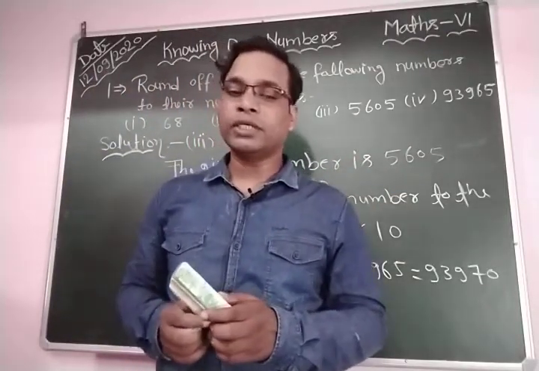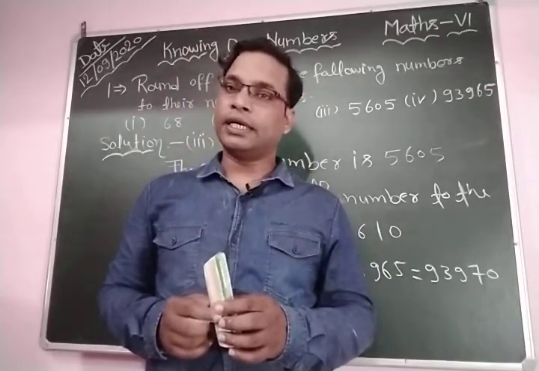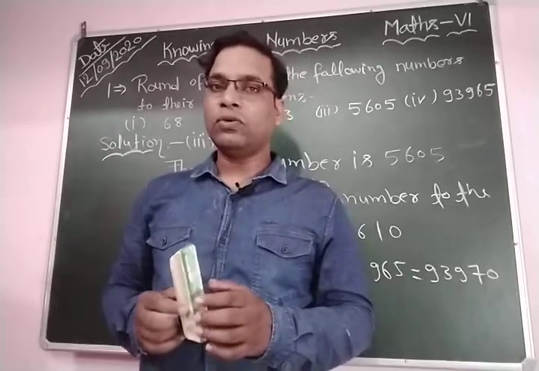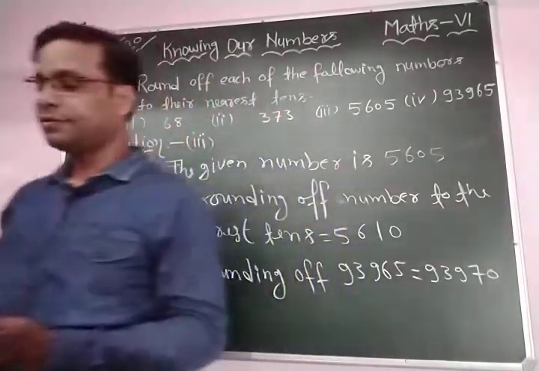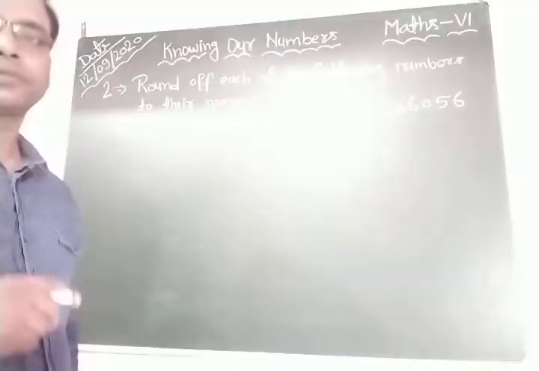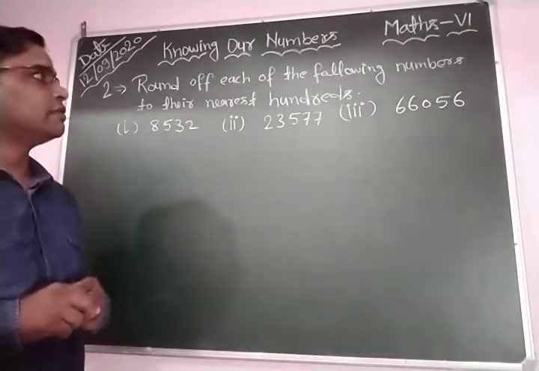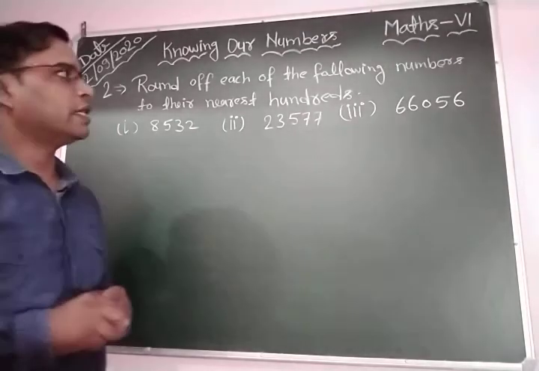Now we are going to discuss rounding of a number to the nearest 100. So let's see how to do it. This is the second question. Round each of the following numbers to the nearest 100.